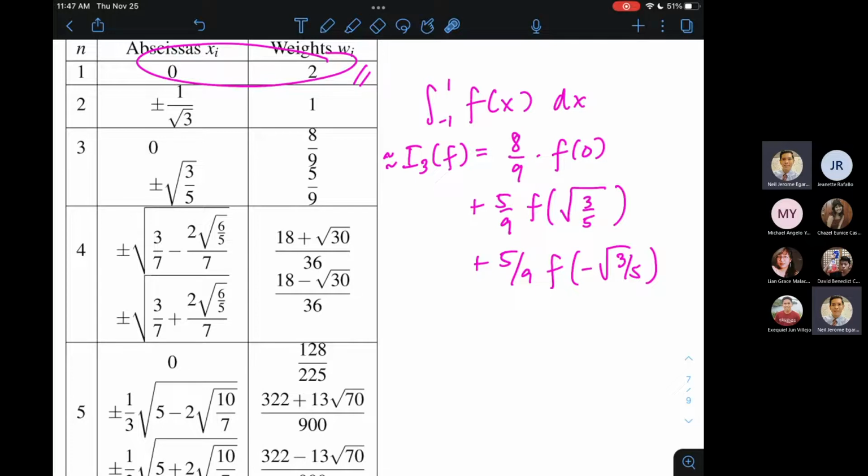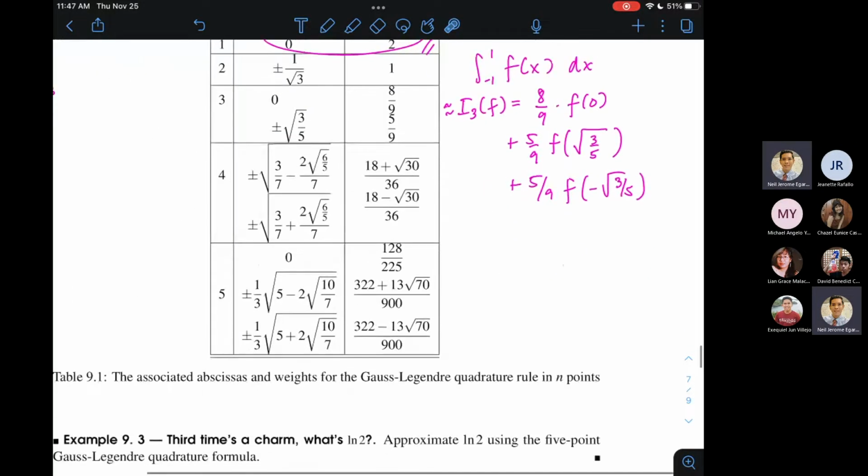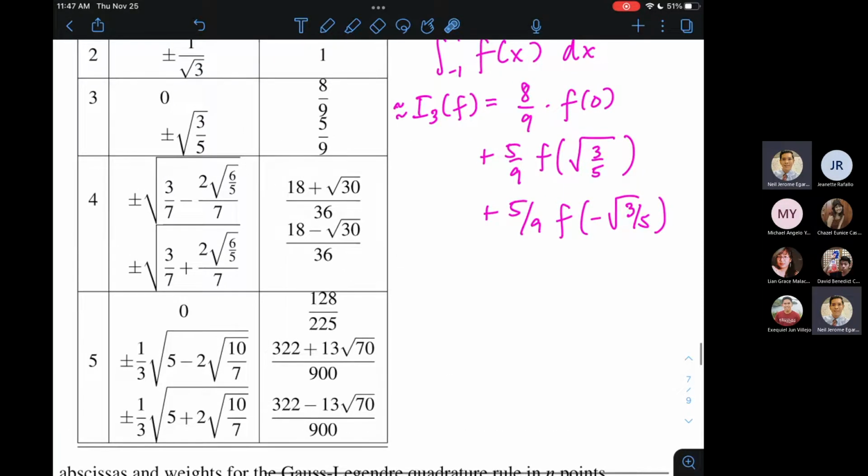All right. So what I'll just show next would be an application of the 5-point Gaussian quadrature rule. But the nice connection between the Gaussian quadrature rule and Legendre polynomials prompted the renaming of these quadrature rules.